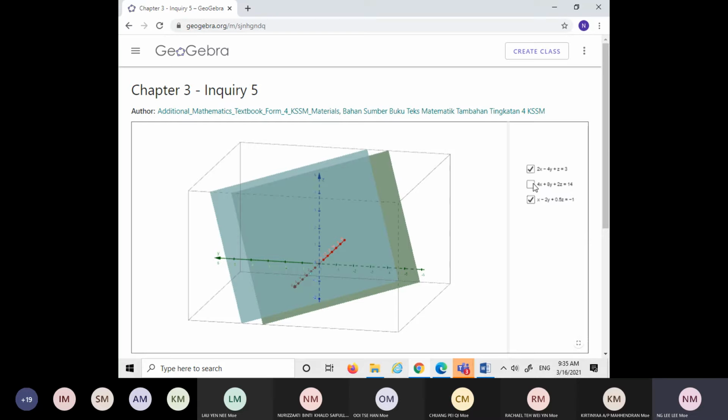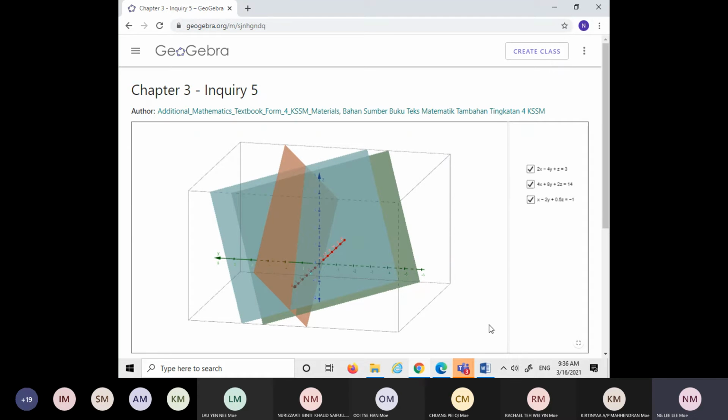It doesn't matter that the second plane intersects with the first plane, or the second plane intersects with the third plane, but the three planes will not intersect at any point. This is the problem, because the first and the third one are parallel. So this is the third type of solution. This one has no solution because the planes do not intersect at any point.